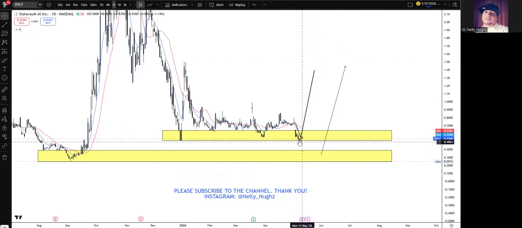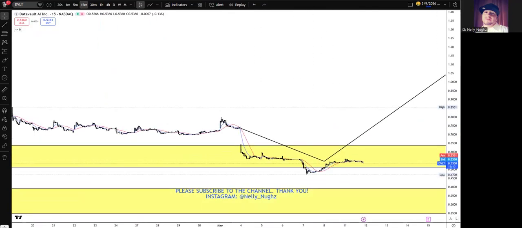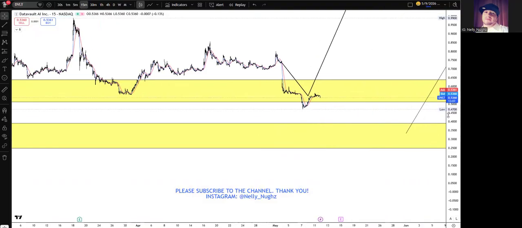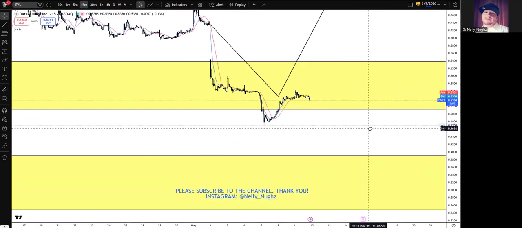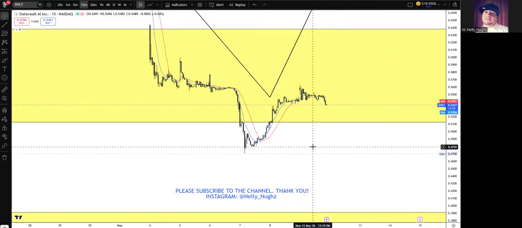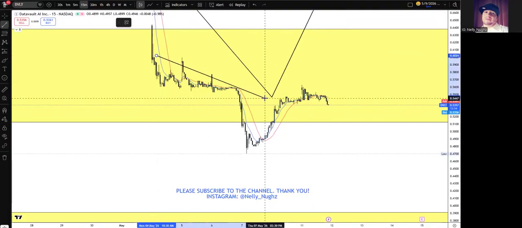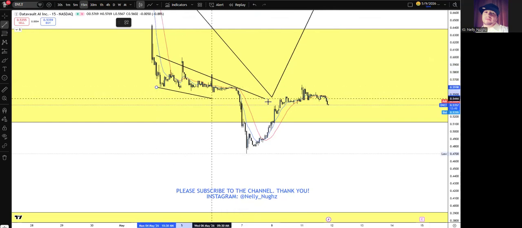But right now, we have this area here that's basically just doing its thing, and it looks like it's getting prepared to make an attempt towards the upside, but it has this level here that it needs to break out of first. So let's just see how this looks. It looks like a weird, oddly shaped pattern. Right now we have price that's just being sandwiched within this level here, right?